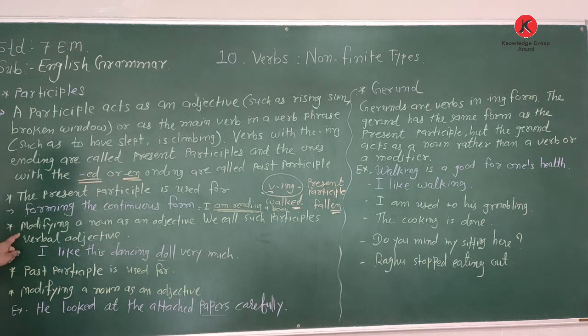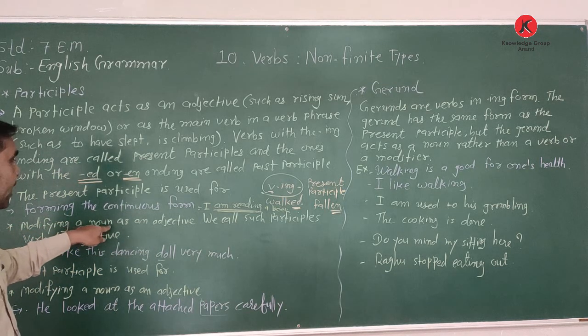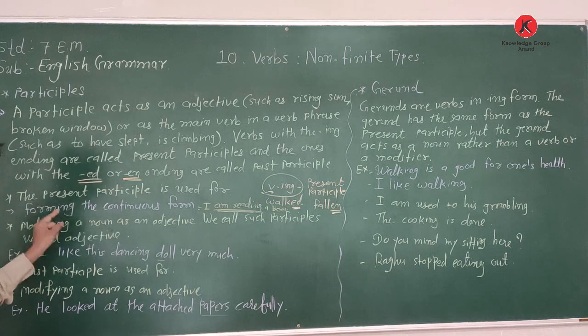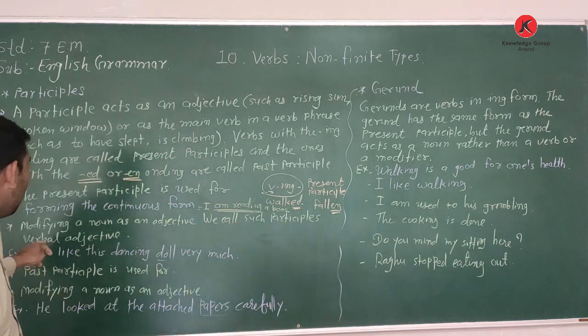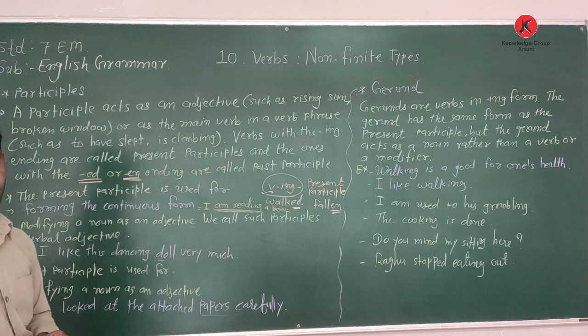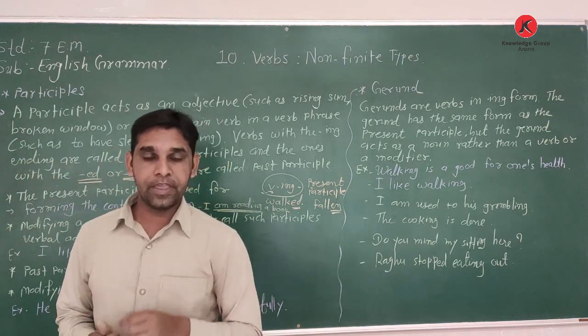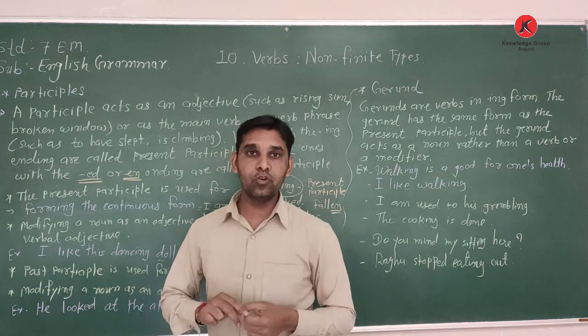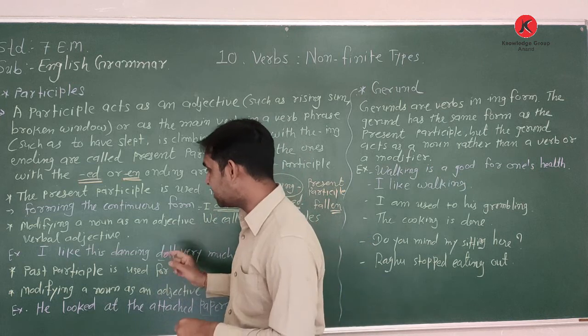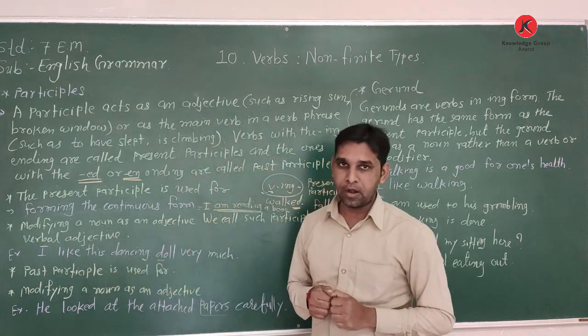Then we also use it for modifying a noun as an adjective. We call such participles verbal adjectives. Before the noun we can use the present participle. Let's see: I like this dancing doll very much.